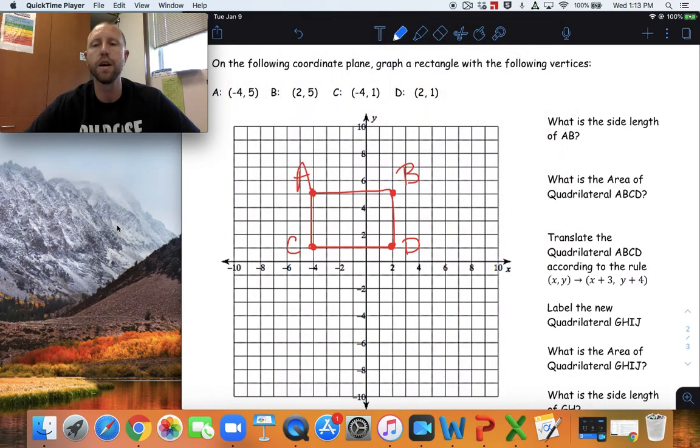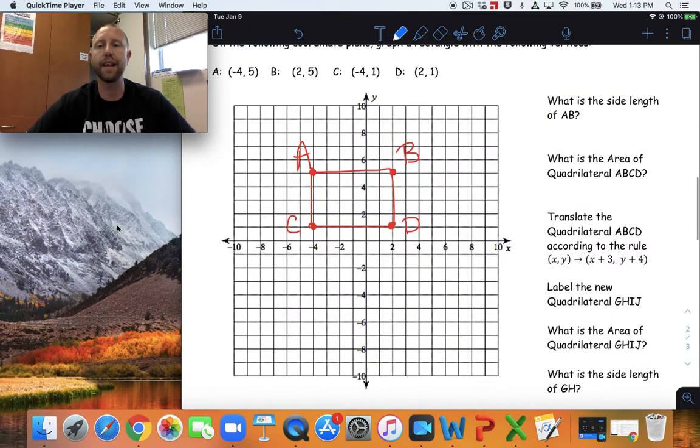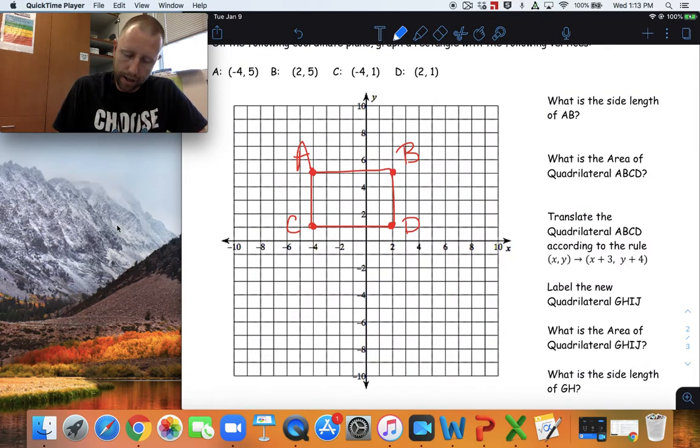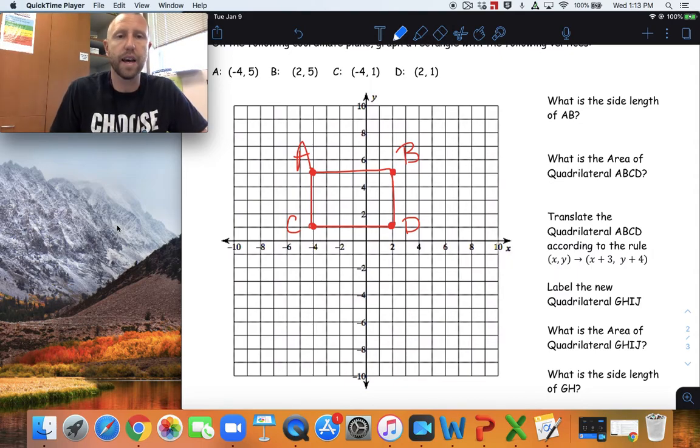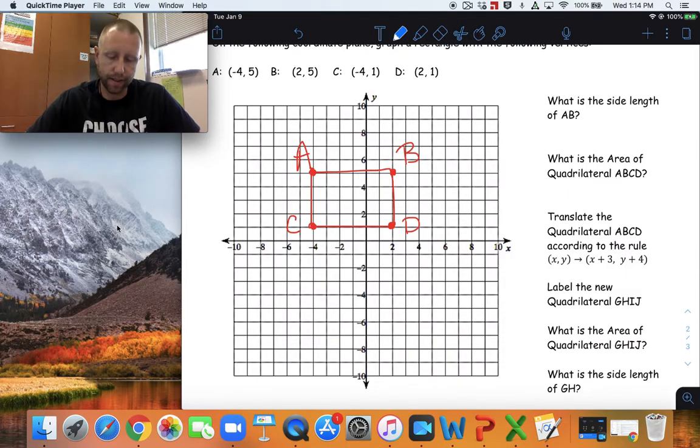First, it says, what is the side length of AB? So when I count from vertex A to vertex B here, I've got 1, 2, 3, 4, 5, 6. So we'll put a 6 there. What is the area of quadrilateral ABCD?